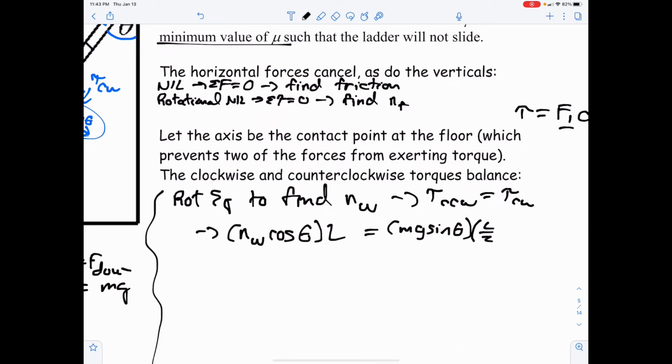The L's cancel, divide away the cosine on both sides, and NW equals mg, sine over cosine would be tangent of theta, divided by 2.